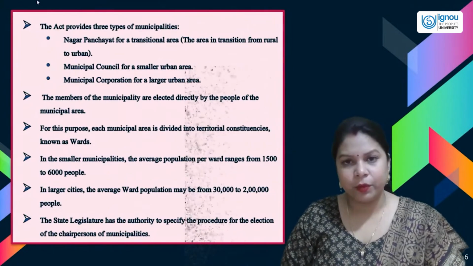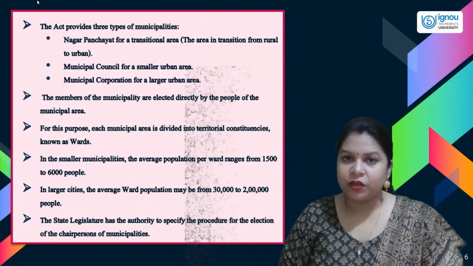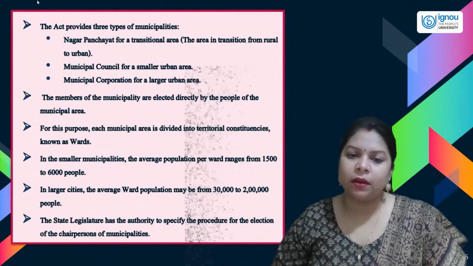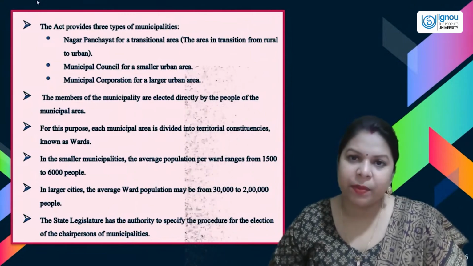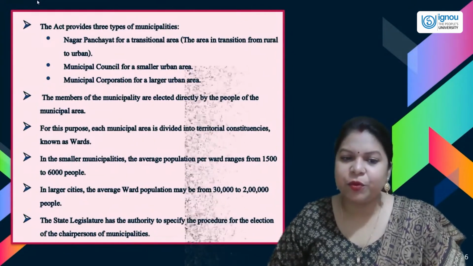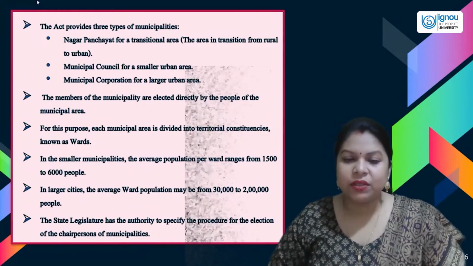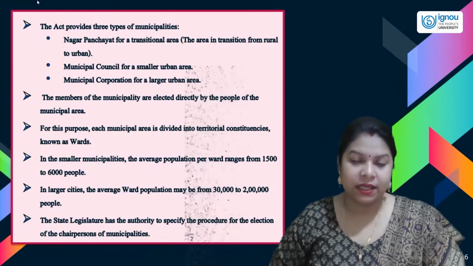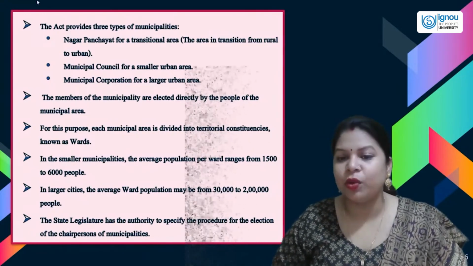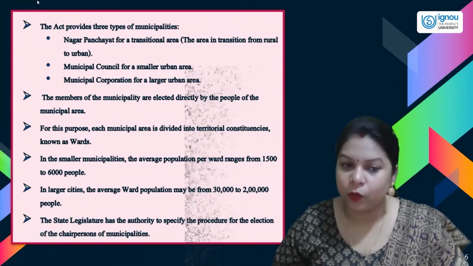The members of municipalities are elected directly by the people of the municipal area. Whoever is contesting the election of the municipality can be directly elected by the people living in that municipal area. For this purpose, each municipal area is divided into territorial constituencies known as wards. This is very important because the constituencies here are known as wards.